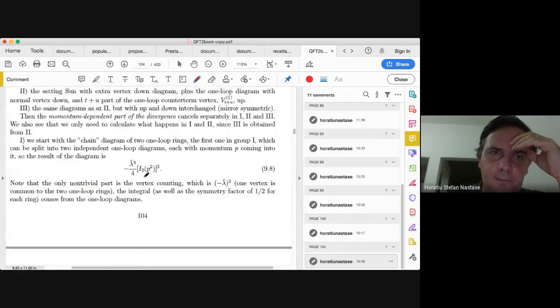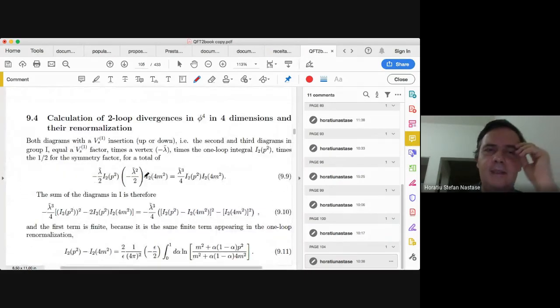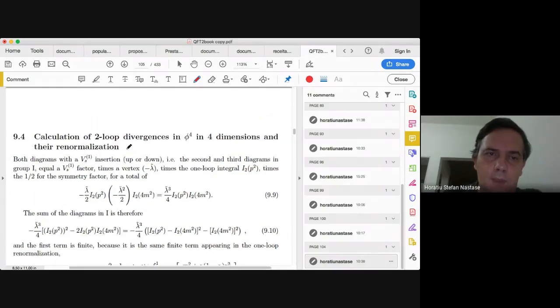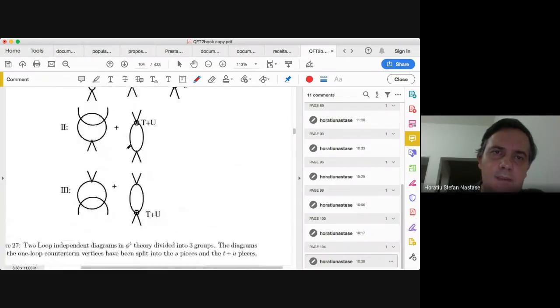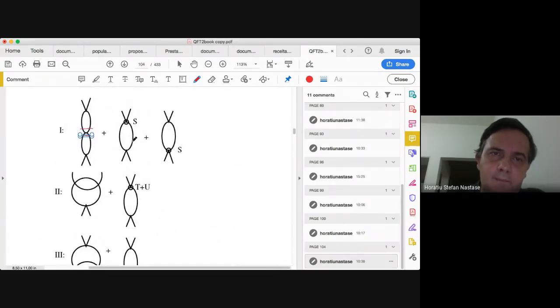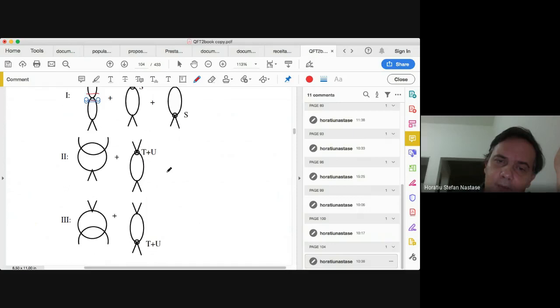So, all right. How does this cancel with the insertion of VS1 up and down? Well, let's see what that other diagram is. So what's this diagram? Well, the integral is again the same integral as here and here, the one loop integral, I2 of p squared.